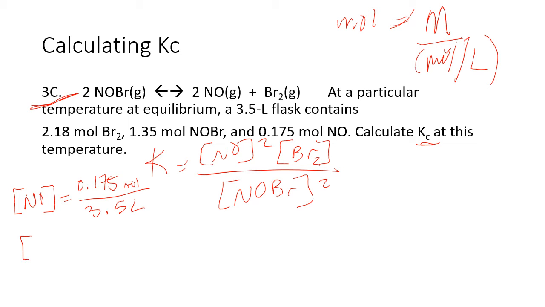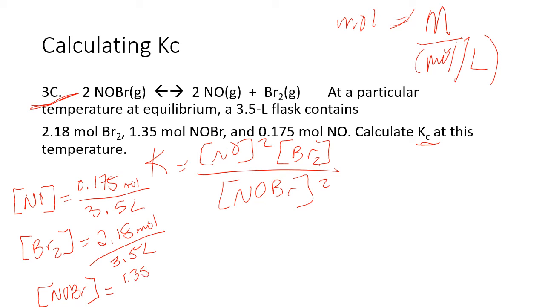My concentration of Br2 is equal to 2.18 moles per 3.5 liters, and my concentration of NOBr is equal to 1.35 over 3.5 liters. Now I've got my new concentrations.